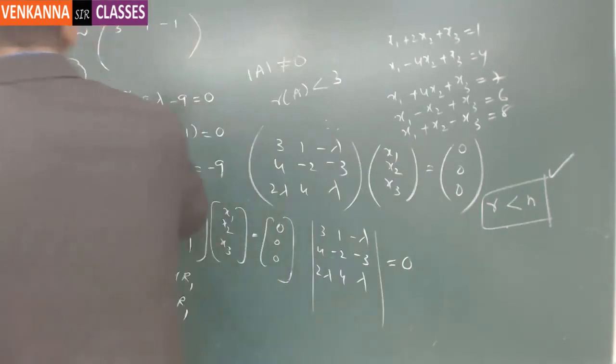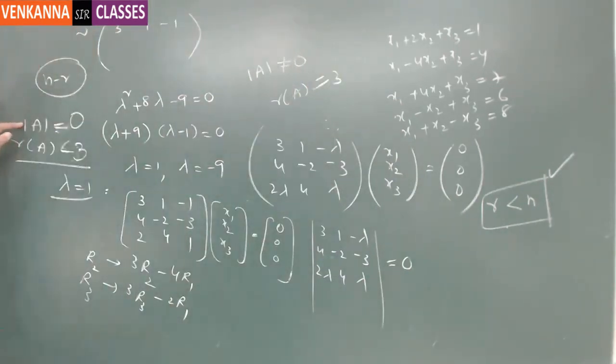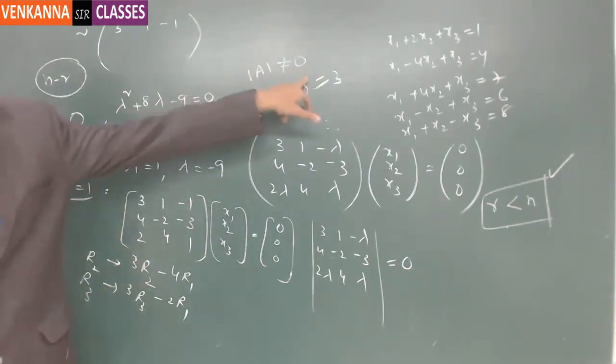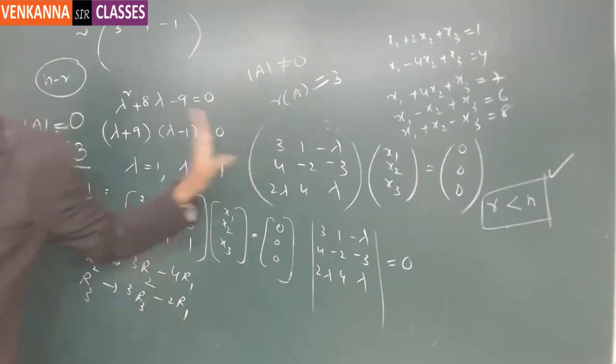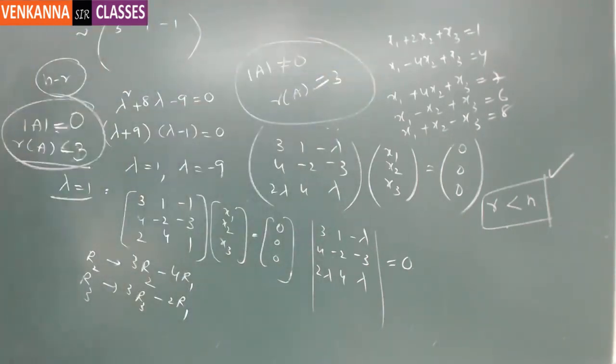Sorry, I misspoke earlier. If det is equal to 0, rank will be less than 3. If det is not equal to 0, then rank will be equal to 3. Clear? Please take a note of that.